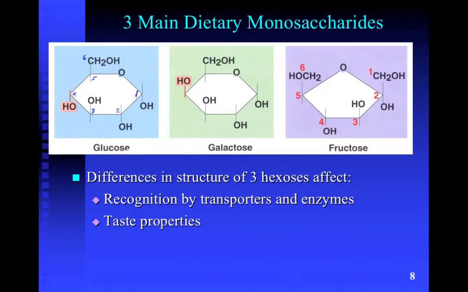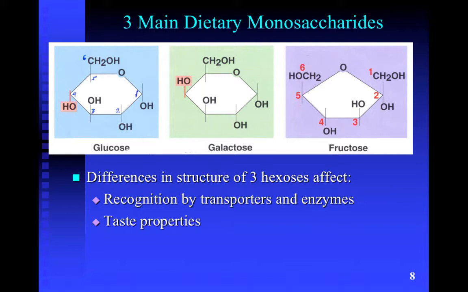So if we first look at these, these are the three main dietary monosaccharides: glucose, galactose, and fructose. And even though they all have 6 carbons, they're all C6H12O6 basically, they have different structures. And because they have different structures, they are recognized as different molecules by things like transport proteins and enzymes, and each of these also has different taste properties.